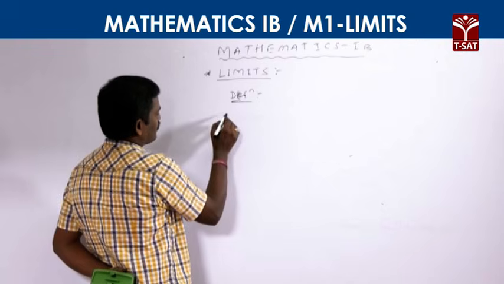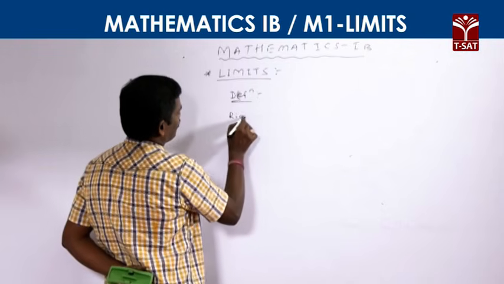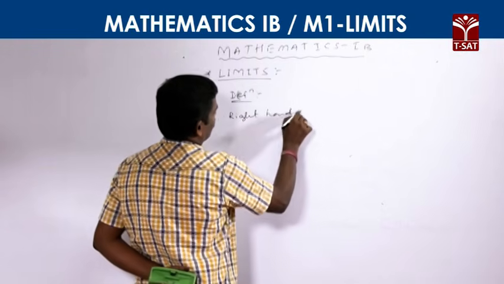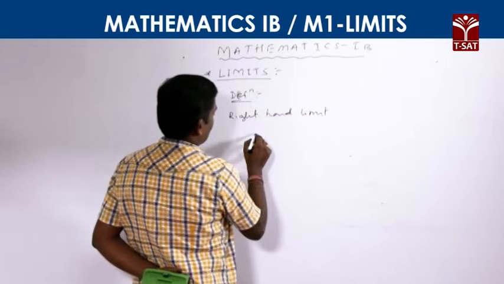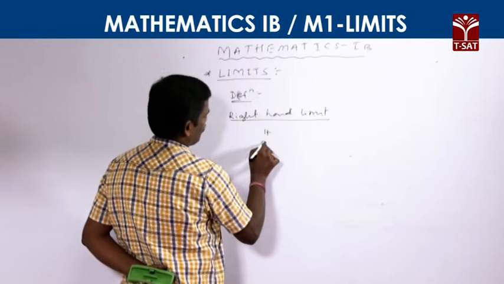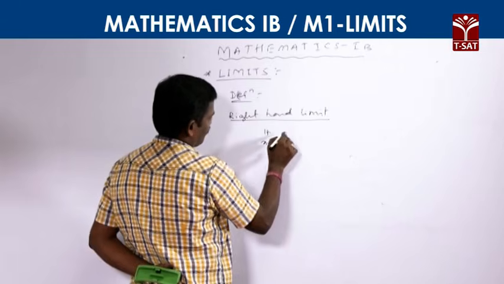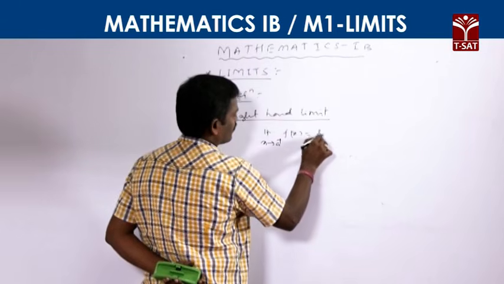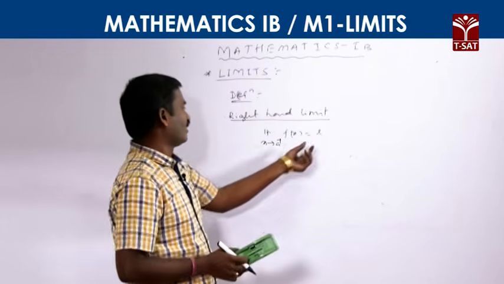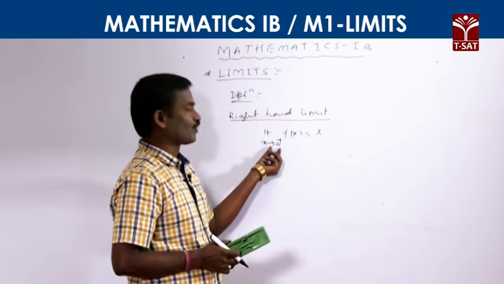So in this right hand limit, limit extends to 0, a plus, f(x) equals, this value is tending to L when x approaches a.